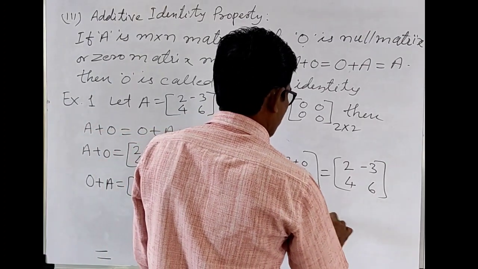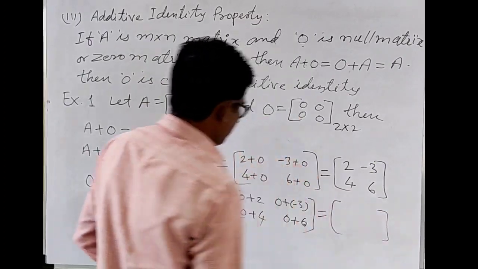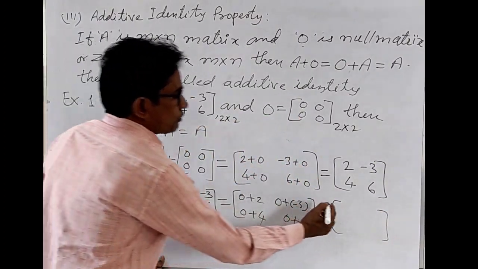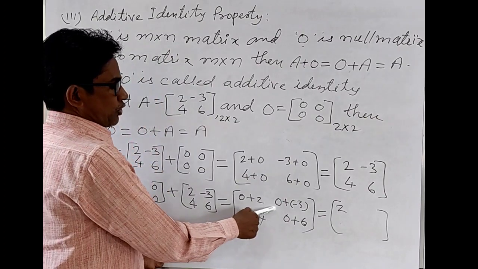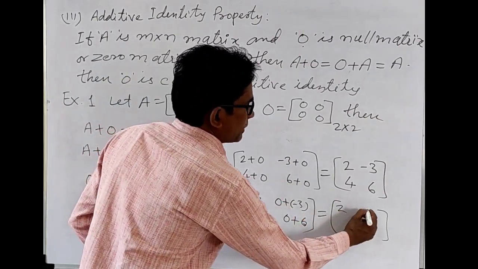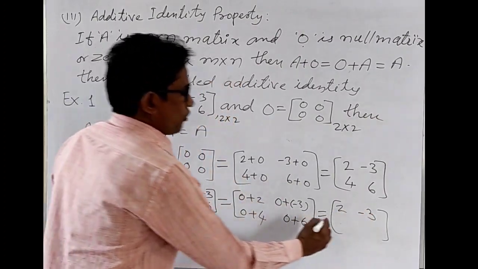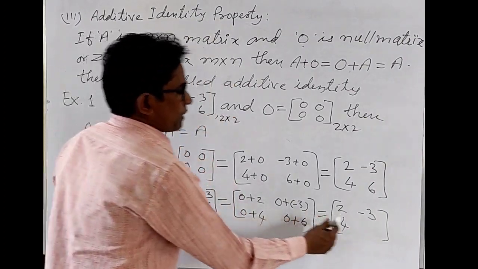So which is equal to 0 plus 2 is 2, 0 plus minus 3 is minus 3, 0 plus 4 is 4, 0 plus 6 is 6.